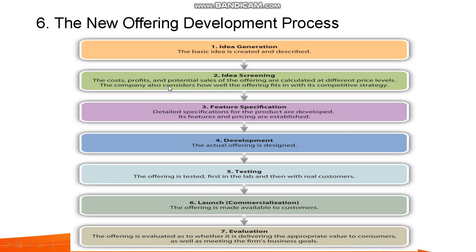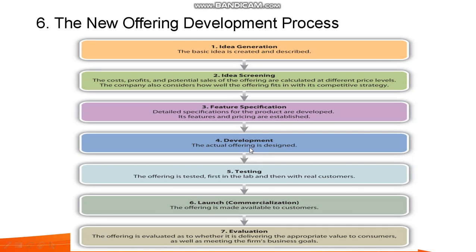The company also considers how well the offering fits in with its competitive strategy. Step number three is feature specification. It means detailed specifications for the product are developed. Its features and pricing are established.